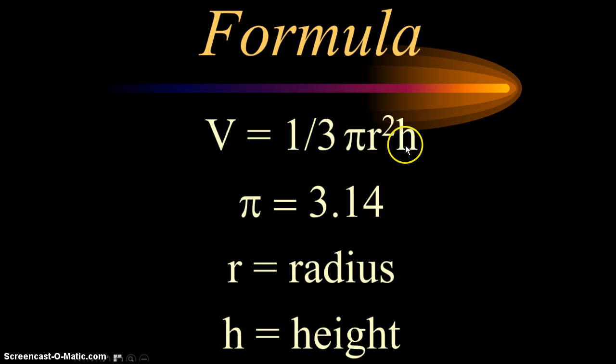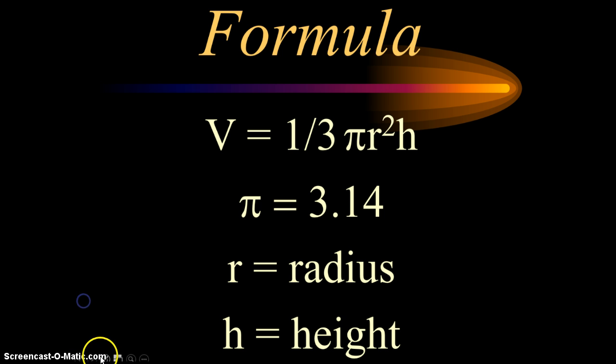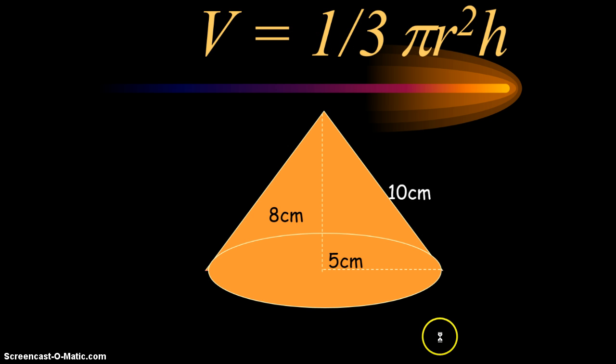Again, you'll notice that we have the H for height, not that cursive L, which is what we used for our slant height. So we want that straight up and down height. And remember, for pi, we typically use 3.14. They're going to give you the radius or the diameter, in which case you'd have to divide it by 2 to find the radius. And then they will also provide that height for you.